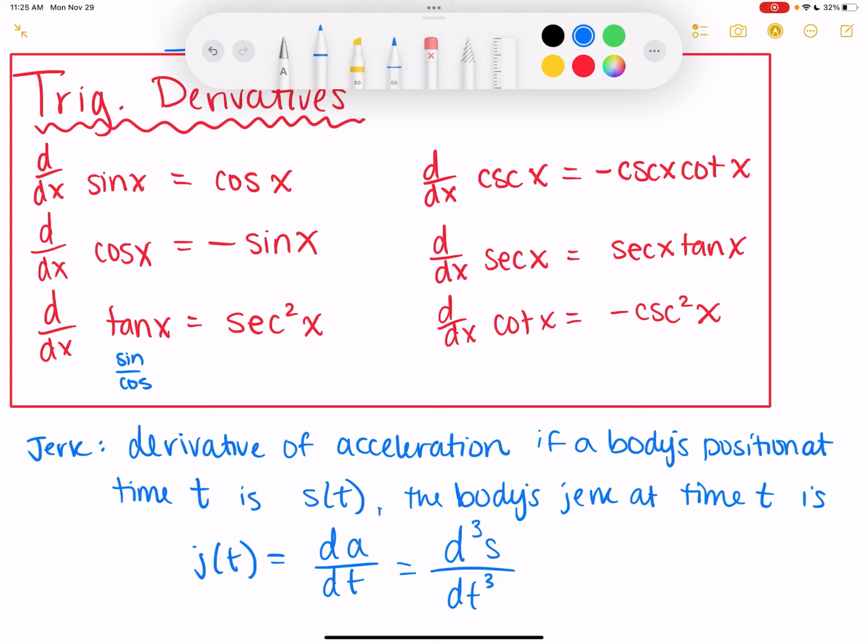The third derivative of position with respect to time is what that 3 means, which is essentially taking the derivative of acceleration.